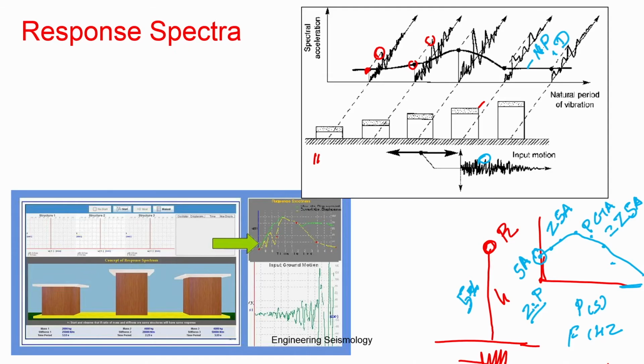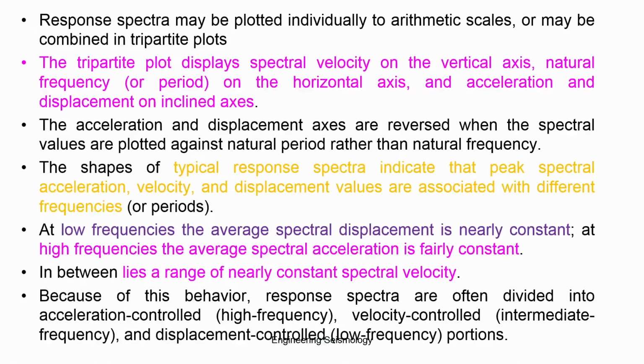The response spectra computed from several input motions are accumulated and processed in a smoothed manner to finally get the design spectrum or normalized spectrum that is given in the code for the design of structures. So the basis for the design of structures is basically a response spectrum.